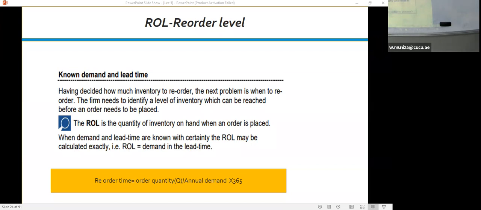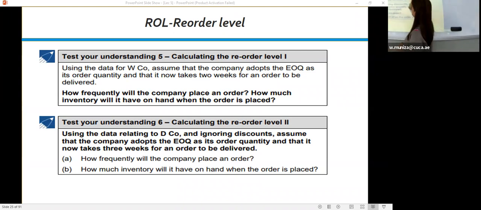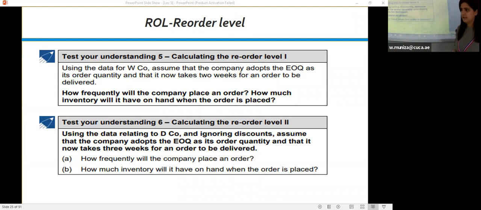Now here is understanding number 5, students. How frequently will the company place an order? They have not given us the formula, but they are asking how frequently will the company place an order? How much inventory will it have on hand when the order is placed? So you are required to calculate reorder time and reorder level.